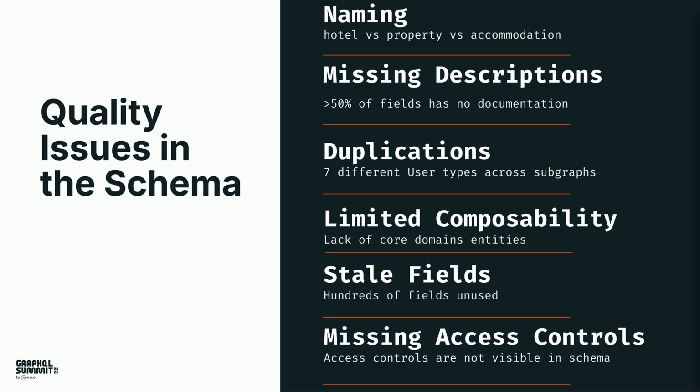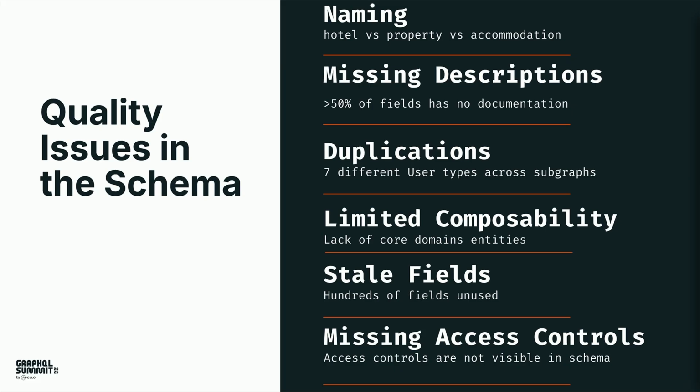Some domains don't define their entities in a way that reflects their underlying conceptual data model. We have many duplications, like duplicate and overlapping types across domains, and we have some mechanisms to eliminate that as well. It's also something we are looking into carefully with AI.